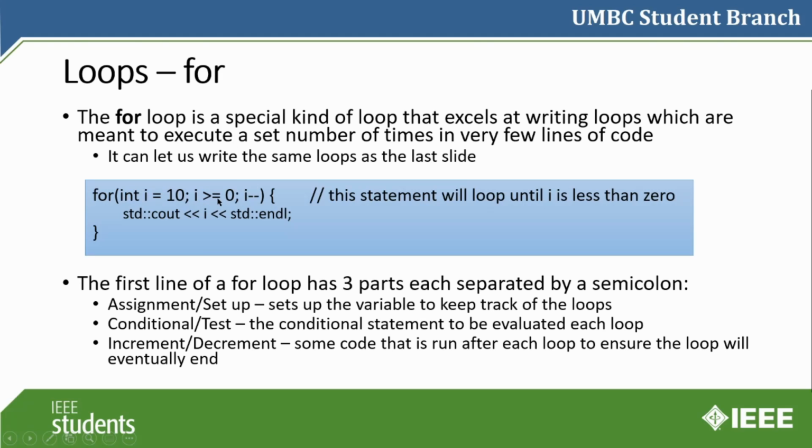This is how you determine when the loop should stop running, similar to the conditional in the while loops. And then lastly, we have, in this case, a decrement value, although it could also be an increment if we instead were to go, say, from 0 to I is less than or equal to 10. This is a line of code that is run after every time the loop finishes executing an iteration.